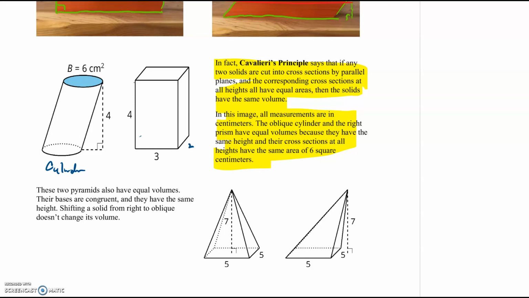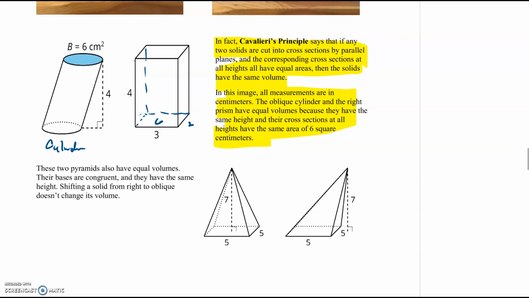If this is 3 by 2, notice each one of these areas will be 6 and will have the same amount. So when we cut them, they'll be the same. The two pyramids also have equal volumes because their bases are congruent and they have the same height. Shifting a solid from right to oblique will not change the volume, and this is all based on Cavalieri's principle.